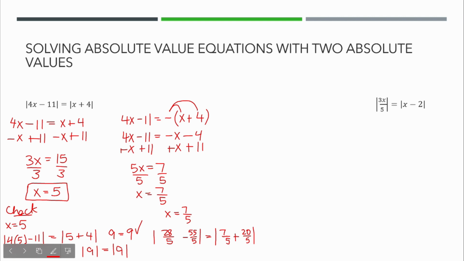Alright, so we've done that. Now let's see what we get. So 28 over 5 minus 55 over 5 is equal to negative 27 over 5. So we get the absolute value of negative 27 over 5. This is equal to the absolute value of 7 over 5 plus 20 over 5, which is equal to 27 over 5.